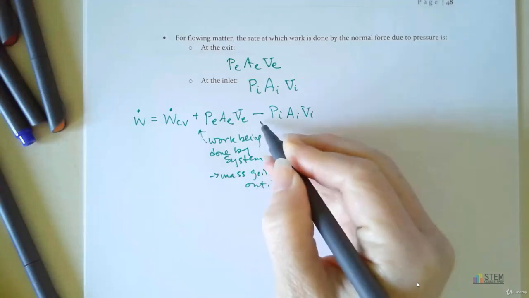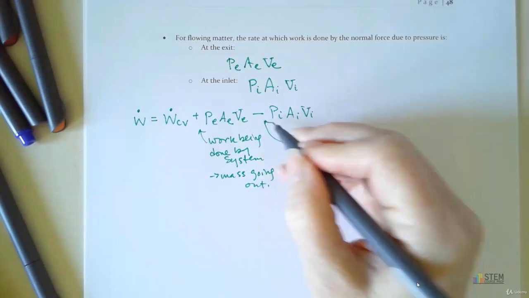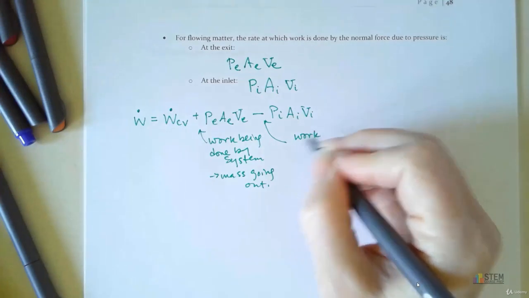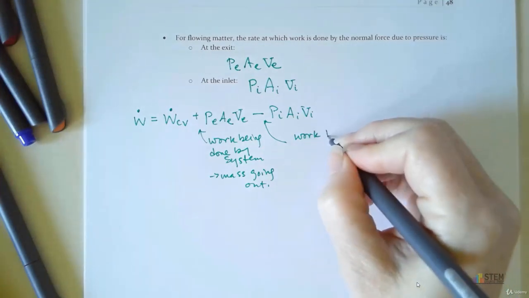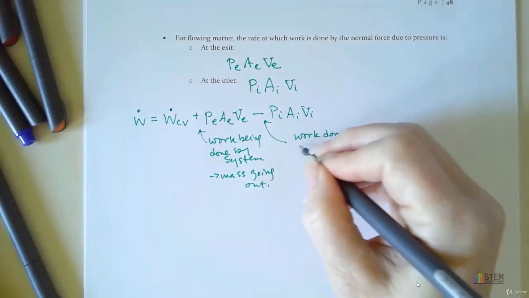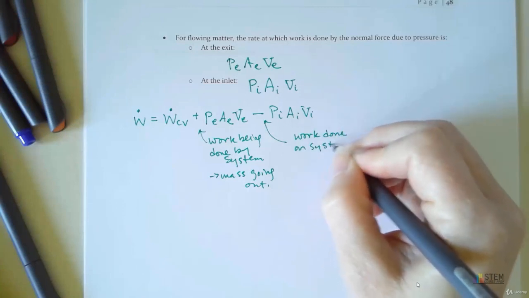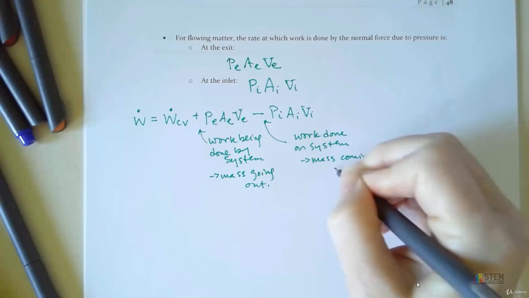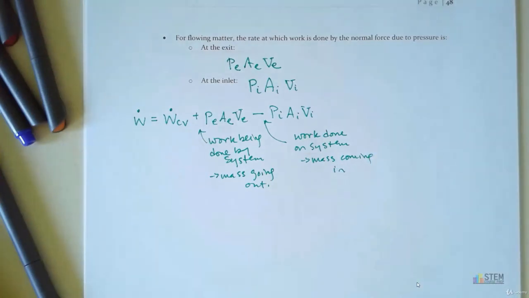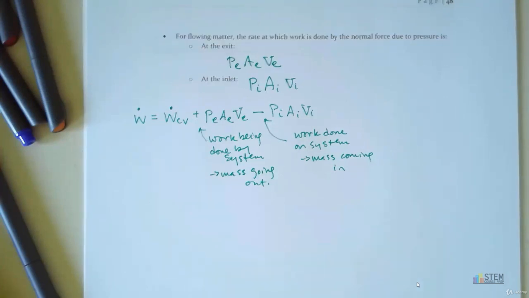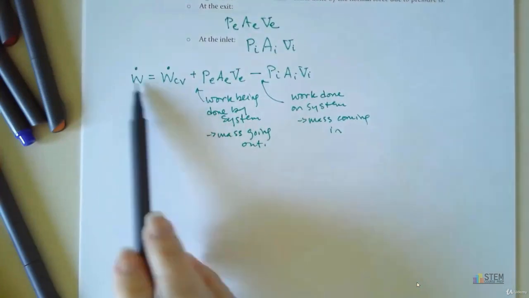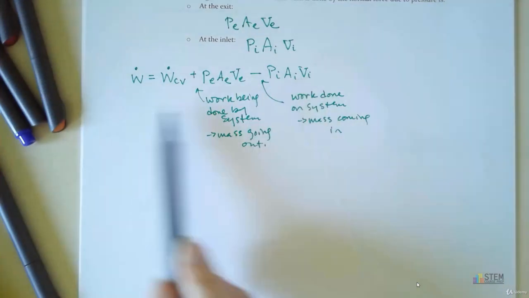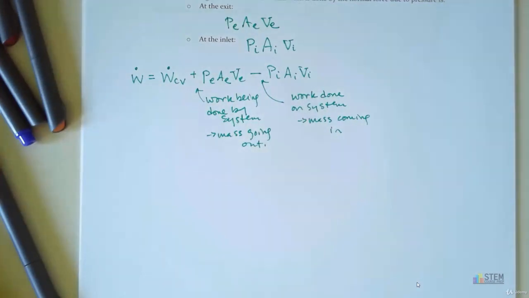Then over here we have a negative sign because something is forcing that mass into the system. So we'll say work done on the system. We've got mass coming in. Okay, so that's why we set up the sign notation like it is right there. Now we have our total work, or the rate at which work is being done.